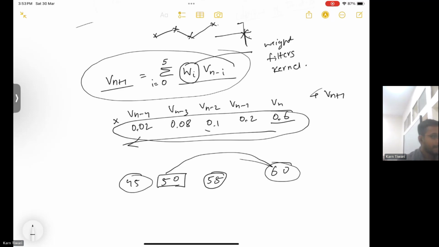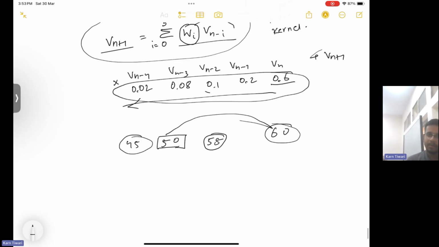Now in an experiment, whenever you carry out an experiment, you never get exact results. We want to know the exact true value, but there is always measurement noise.